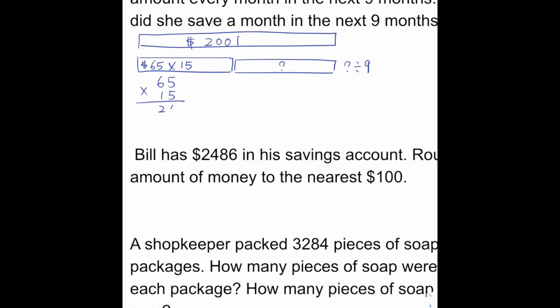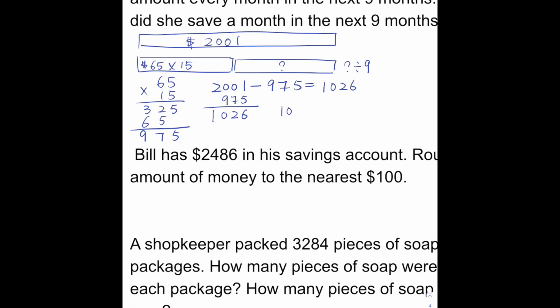5 times 5 is 25, 5 times 6 is 30, 65 times 15 is 975. 2001 minus 975 equals 1026.